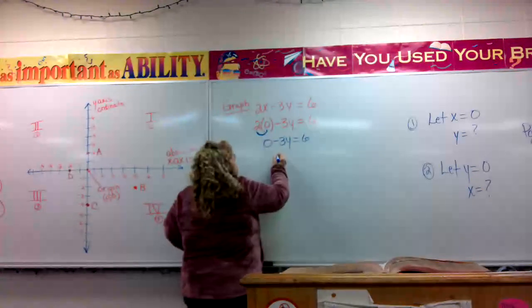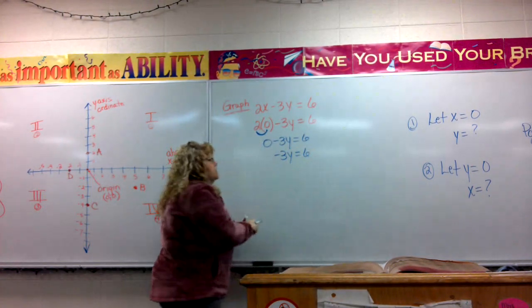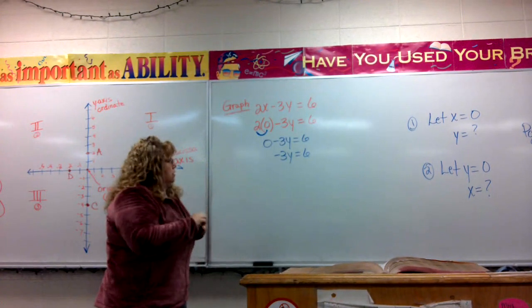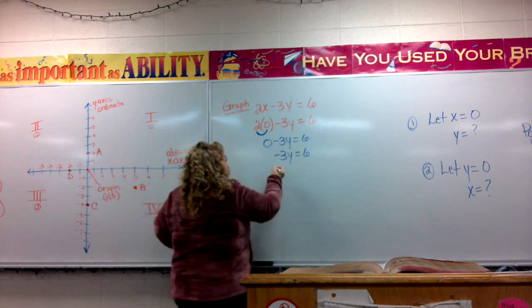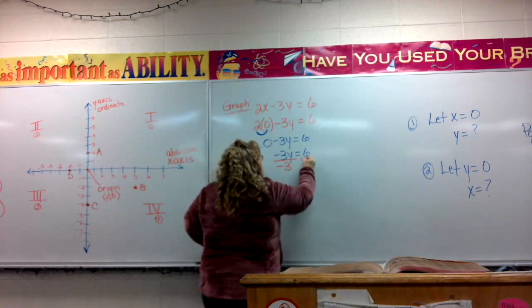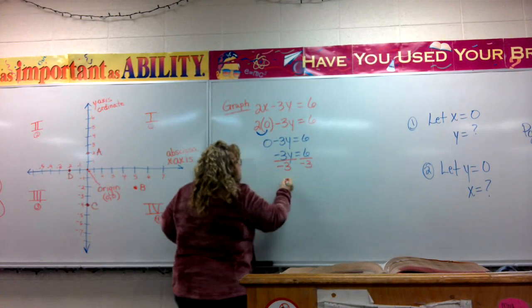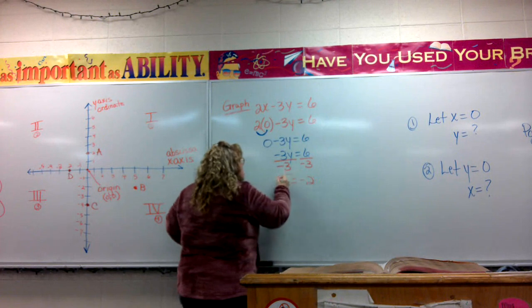No. 0 take away 3y is just negative 3y. How would you finish that? How do you solve that? You divide by negative 3, divide by negative 3. And what'd you get? Negative 2.